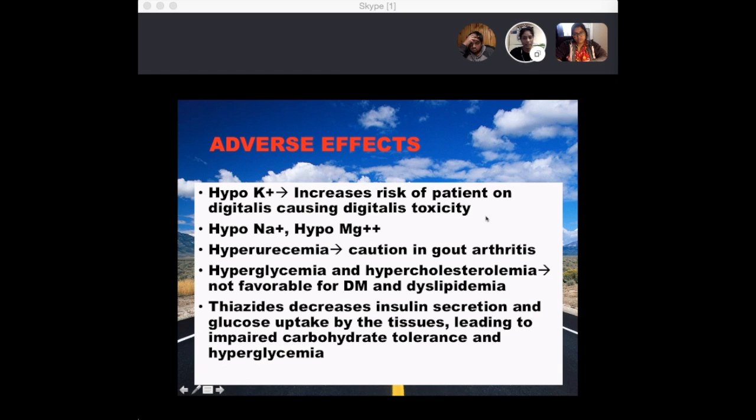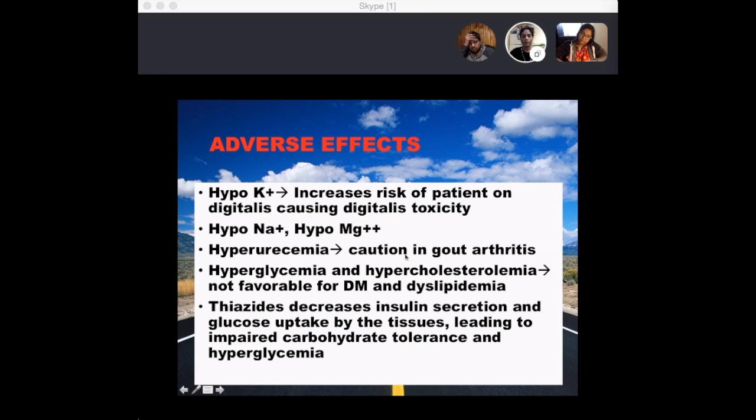The reason why First Aid says digitalis toxicity is caused by hypokalemia is that the patient is already in a hypokalemic state, and then digitalis on top causes further hypokalemia, and that's why toxicity occurs. It also causes hyponatremia and hypomagnesemia.